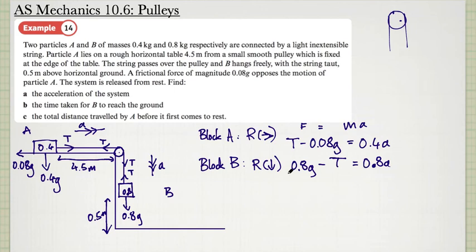What we have here is a pair of simultaneous equations, and as normal with pulleys, you'll see this happens virtually every time. We can add our two simultaneous equations to get rid of T, the tension in the string. That gives us 0.8 g minus 0.08 g, and plus T minus T cancels them out.